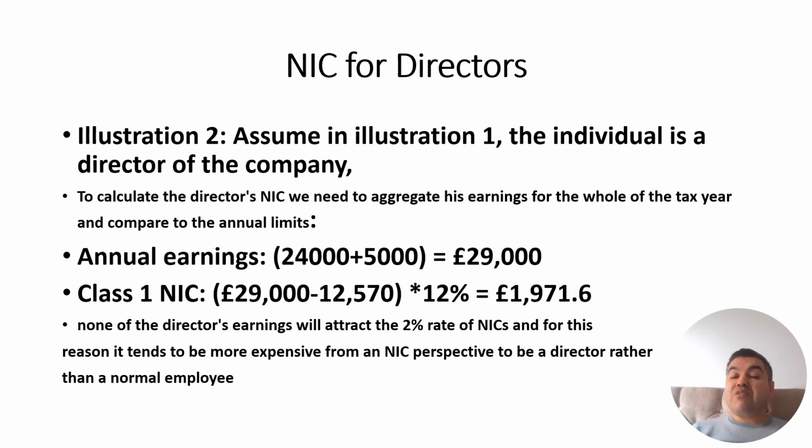Then 29,000 minus the first £12,570, which is exempt, and the difference will be subject to national insurance. Remember, in the previous example the NIC was low because none of the earnings attracted the 2% rate. Here it is high, because the director's earnings will attract the 2% rate of NIC.